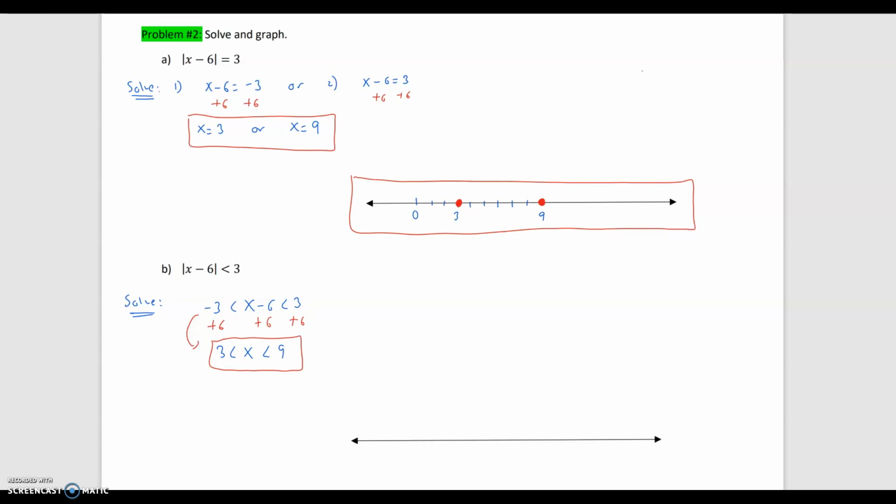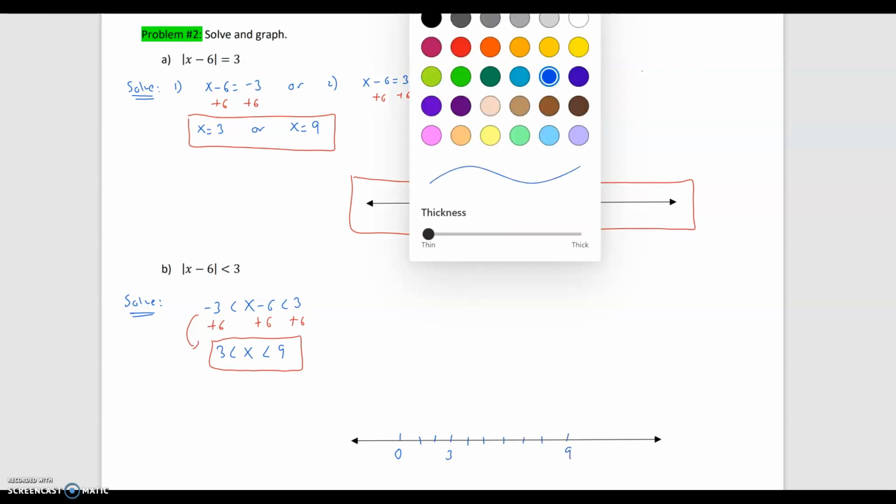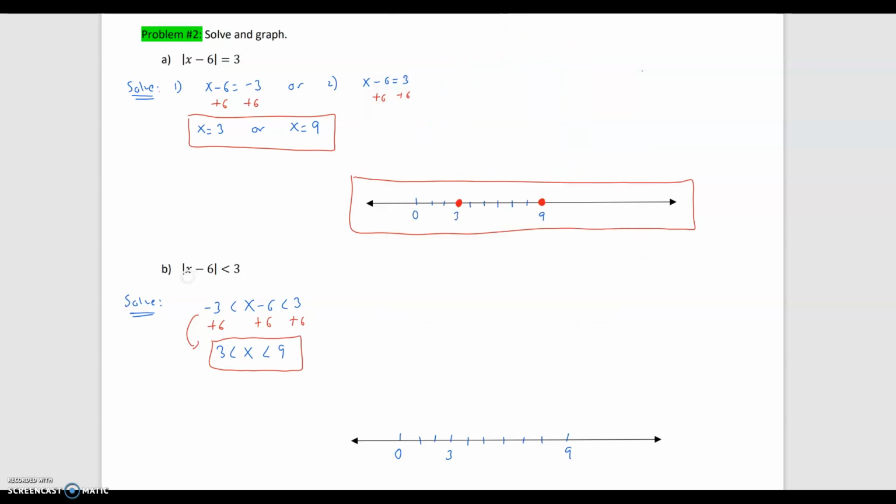Notice that we're obtaining the actual boundaries. In this case, that's your 9, that's your 3. But since this one is an inequality, let me just put, this will be 0, 1, 2, 3. That would be 9. And in this case, this particular statement says the distances that are less than 3 end up being all distances that are greater than 3 but less than 9.